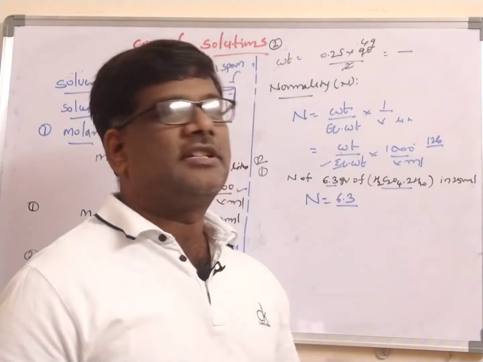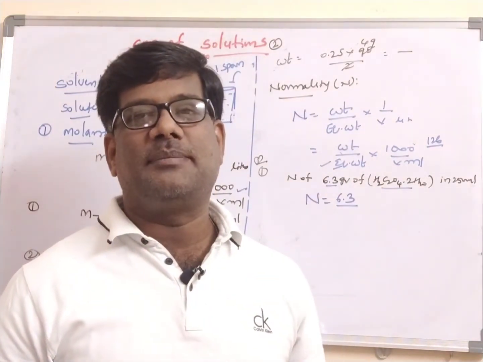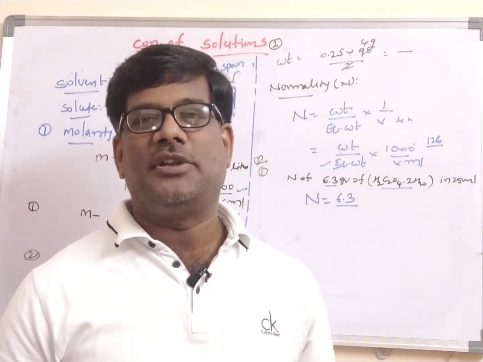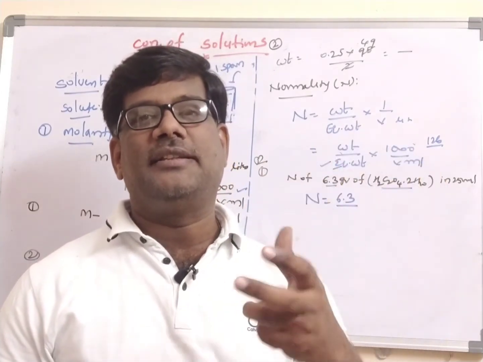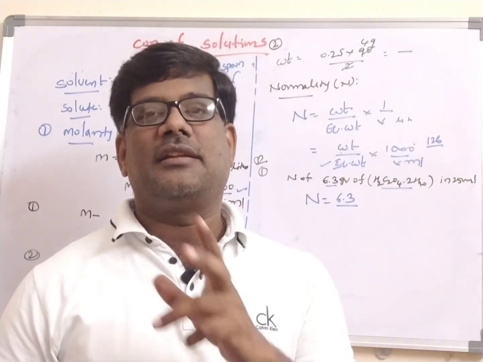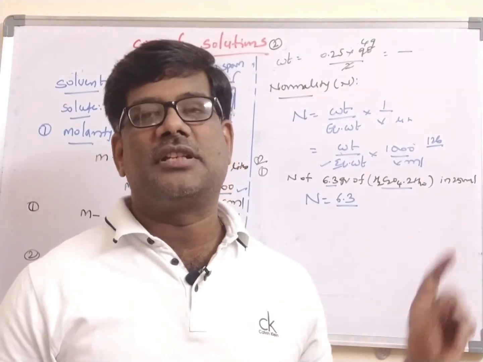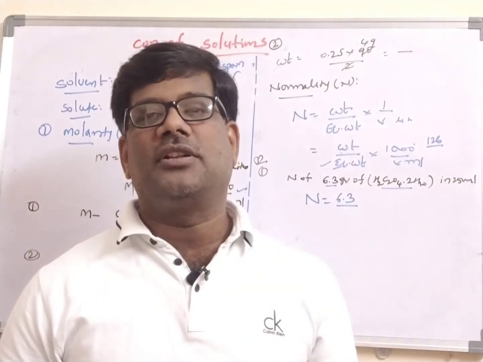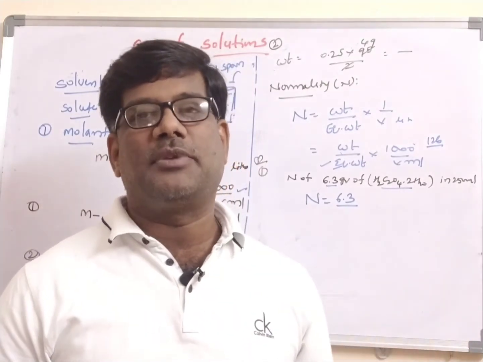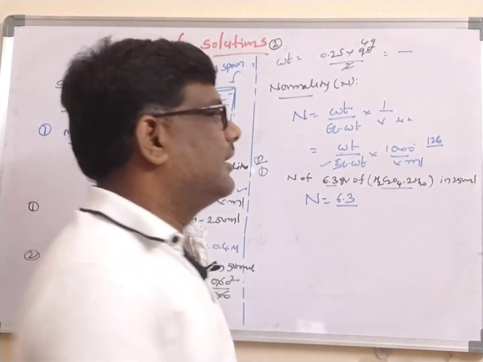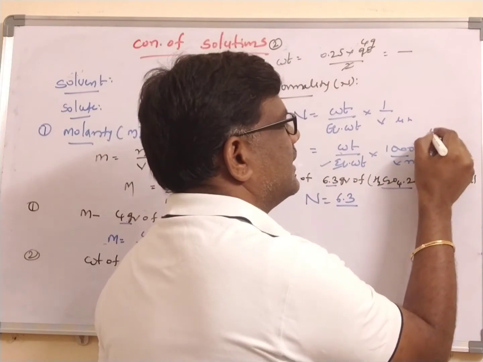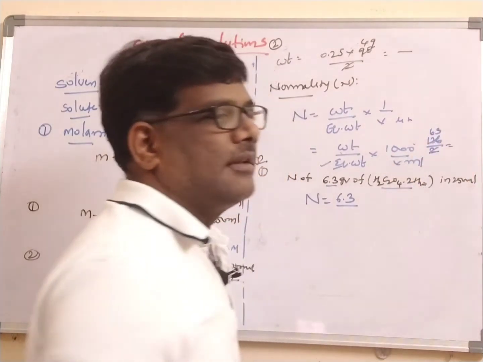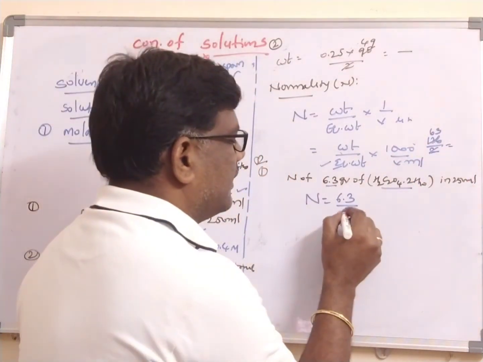In oxalic acid, 2 hydrogens are replaceable, so here it will be 2. So 126 by 2 is 63, which is the equivalent weight, not 126.